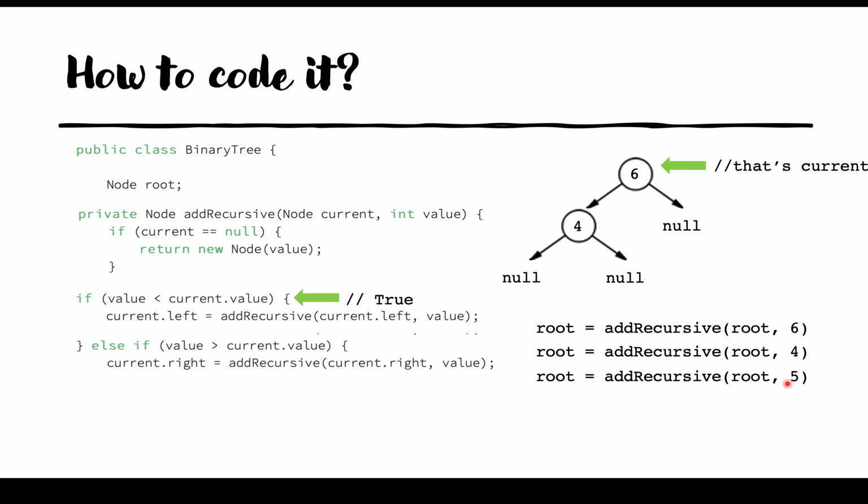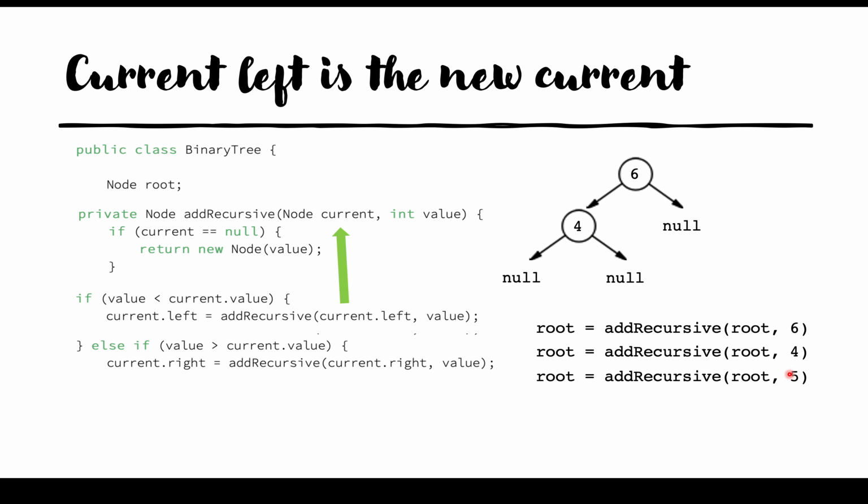That's true. It is less than 6. So now we say current.left. That's our new left again. That's our left, it's 4. But our value is still 5. We didn't change our value. We never play around with value in this method. So we send current.left as our new current. And we send in a value 5. 5 is just transferring unchanged all the time.